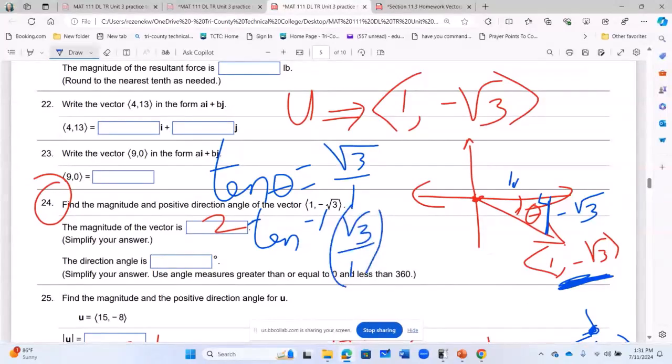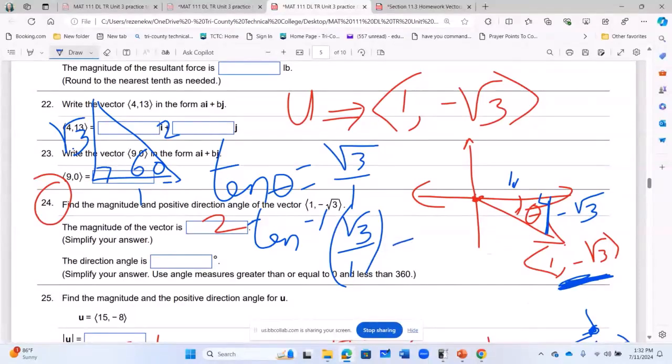And by the way, if I draw a special right triangle, this is 60, opposite is root 3, and this is 2, and this is 1. So tangent of 60 is root 3 over 1. So the reference angle in the fourth quadrant is 60 degrees.